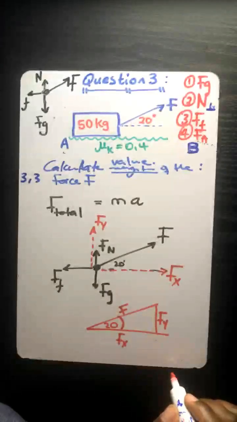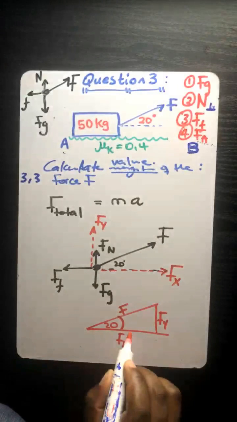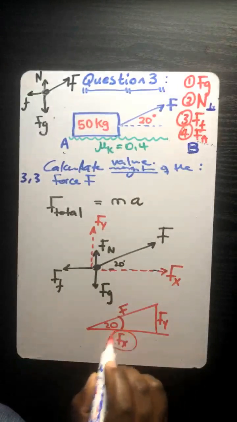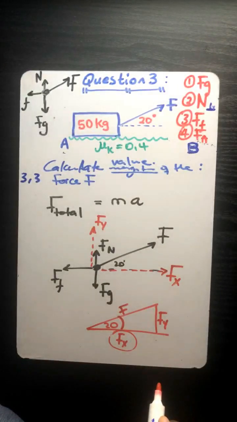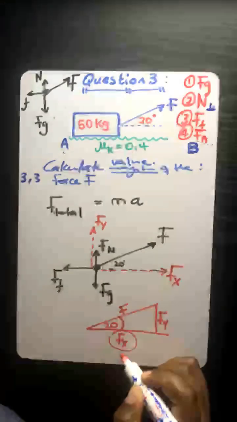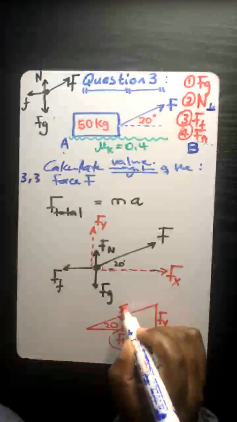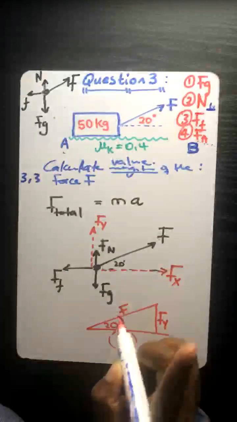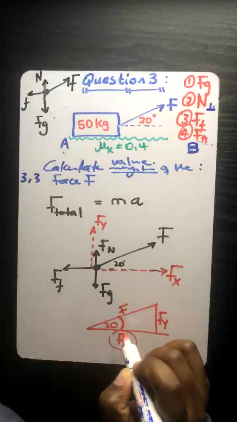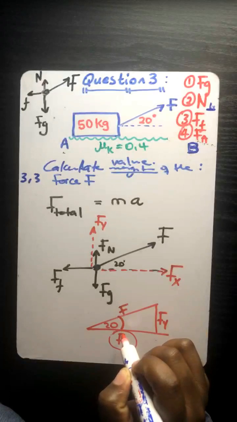That is why, if you want to know what your Fx is as a formula, you want to use this being the adjacent and that being the hypotenuse. Which trig ratio is it, cos or sine?